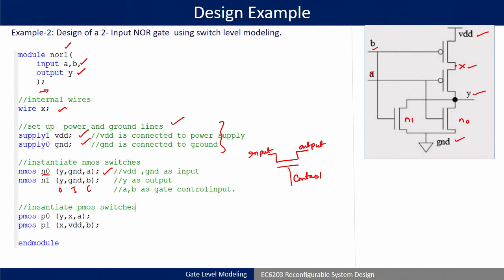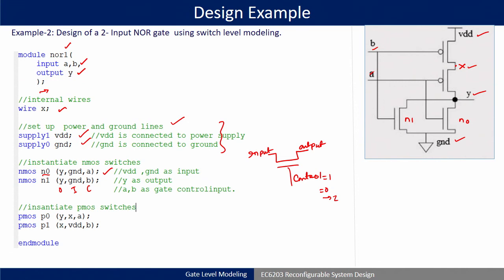Understood? Here, if the control is 1, then output is equal to input, that you know. If control is 0, then the output becomes high impedance, that is Z, or it will act as a switch in the off position. Accordingly this NMOS based NOR will work as a 2-input NOR gate.